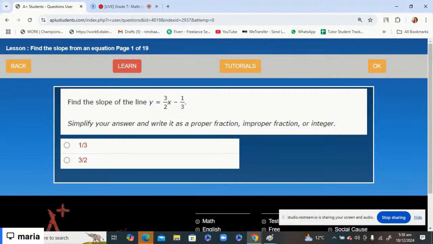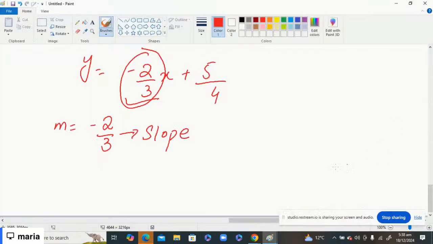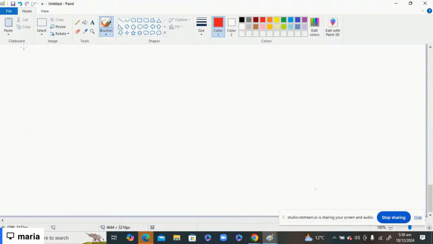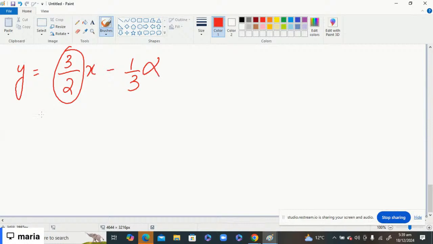So what is the slope of this one? If the question is like this way, 3 by 2x minus 1 by 3, any number that is multiplied with the x, that is your slope. This is not your slope.